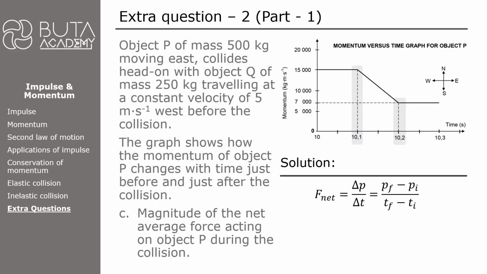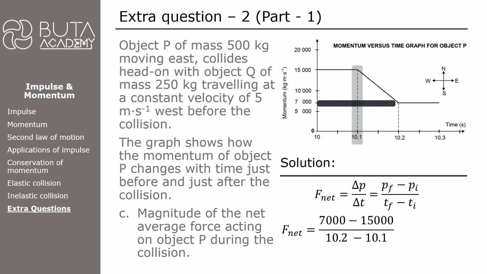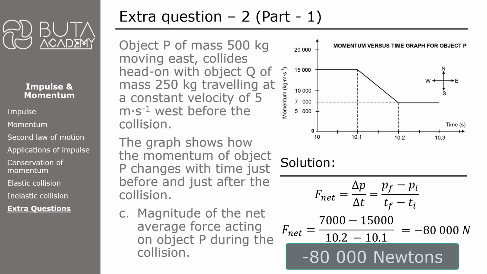The collision occurred between 10.1 and 10.2 seconds, where 10.1 is the starting time and 10.2 is the ending one. The momentum of P is 7,000 at 10.2 seconds and 15,000 at 10.1 seconds. As a result, the net force is equal to minus 80,000 kg m/s per second.